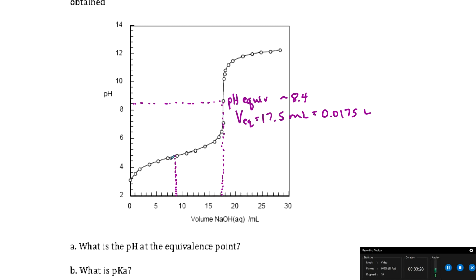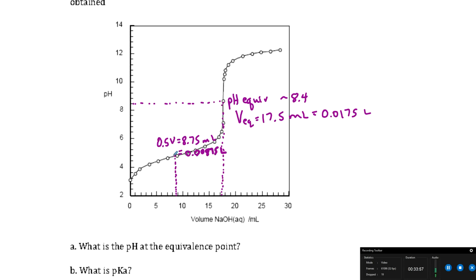Okay, so this is going to be our 0.5V, which is 8.75 milliliters, or, sorry, 0.0875 liters.